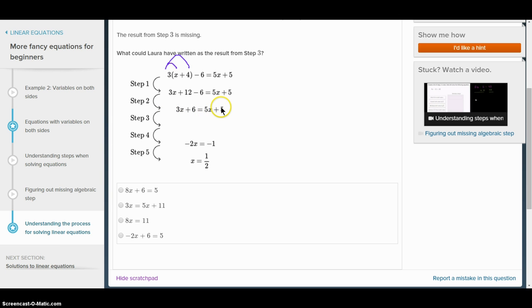Then we'll have to get rid of the 5 over here, so we'll minus 5 from both sides. So we would have 5x minus 3x, that would be 2x. And then we're going to minus 5 from both sides, so 6 minus 5 is 1.